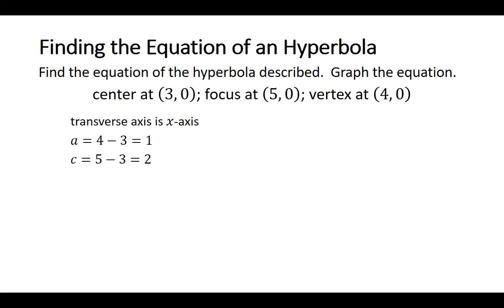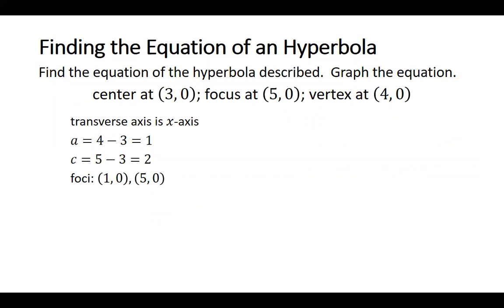We have a focus at 5, 0, but we have to have another focus because there are two foci for a hyperbola. So the 5, 0 is 3 plus 2. So the other focus must be at 3 minus 2 or 1, 0. So we have foci at 1, 0 and 5, 0.